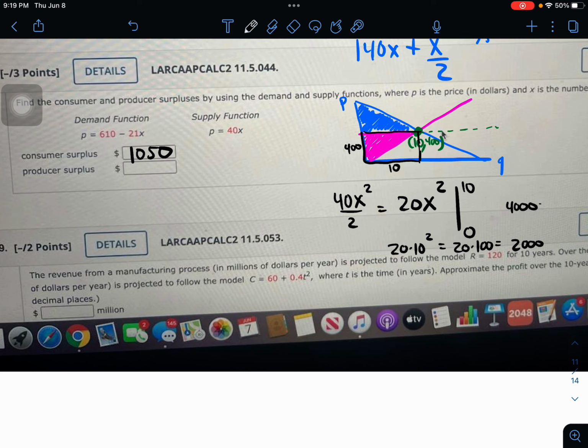That's the area of the rectangle, minus this area I just found, which is 2,000. And that's going to equal 2,000. That's the pink area, 2,000. So your producer surplus is 2,000. And that's your answer for this one, number 8.